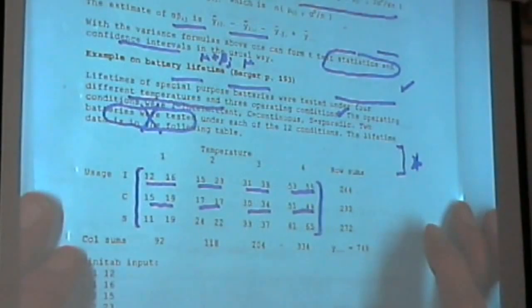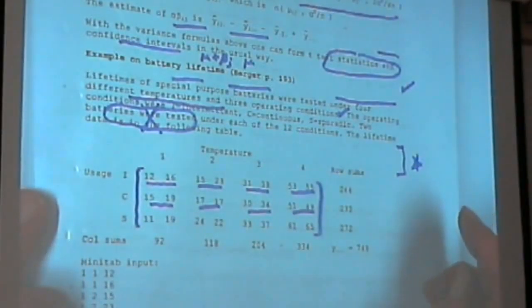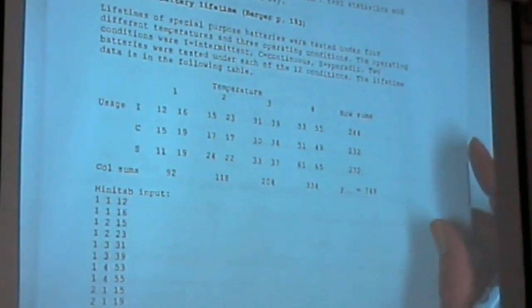These are the lifetimes, maybe in hours or something, of batteries operating under these conditions, and rows, and these temperatures indicated by the columns. So what I did was to pump this data into Minitab, and so there's my Minitab columns for input.